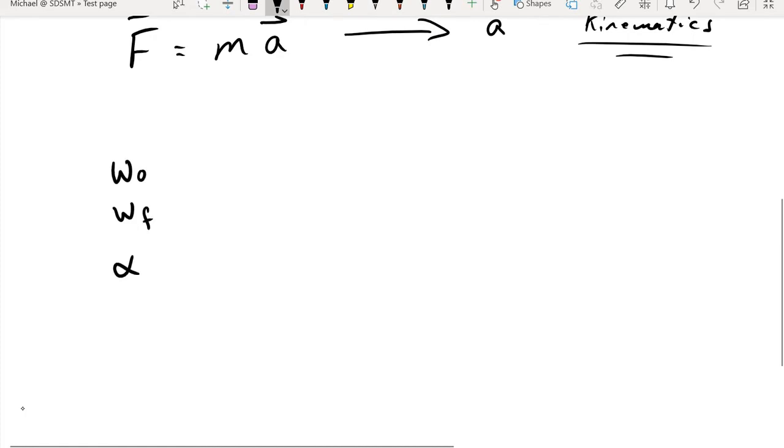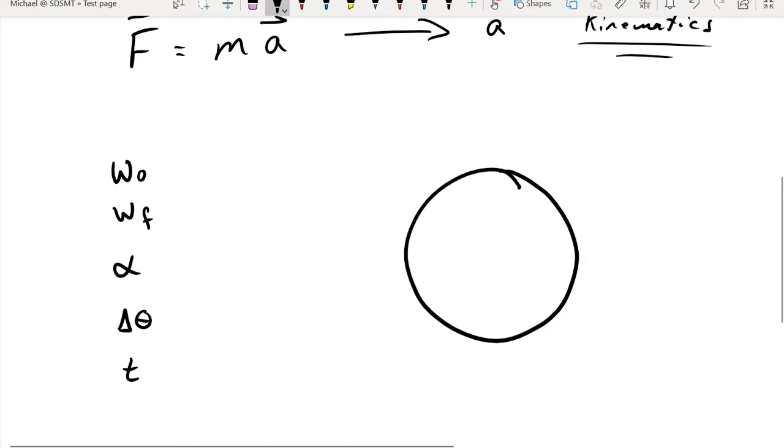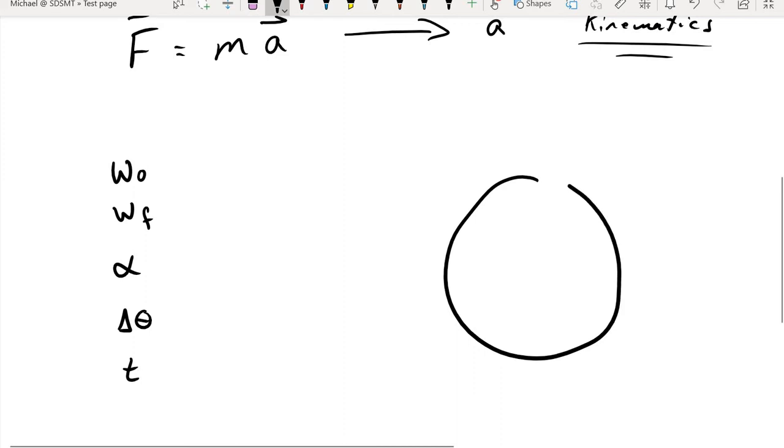And so now what we need to do is figure out where the changes in angular velocity are going to come from. Well, they're going to come from angular acceleration, but where is that angular acceleration going to come from? How do we take an object, like a wheel, and how do we get it moving?